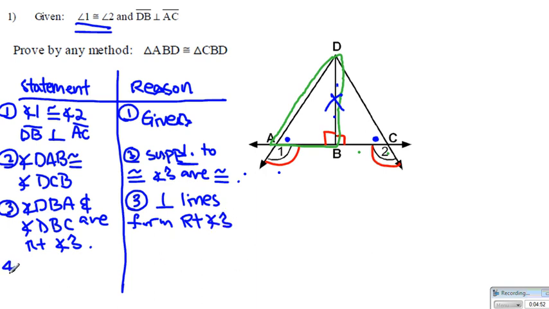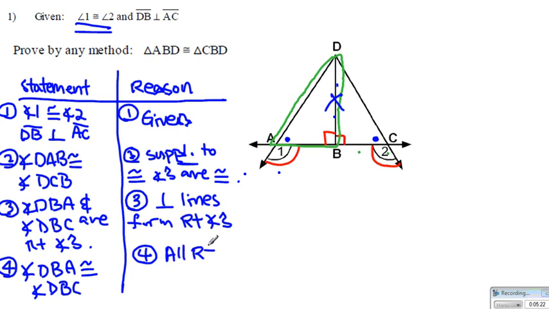Now, step number 4. Since we showed that those two are right angles, the next step is angle DBA is in fact congruent to angle DBC. Why? Because all right angles are congruent.